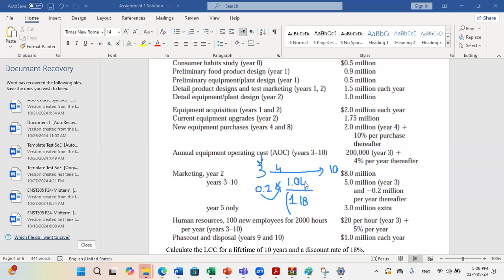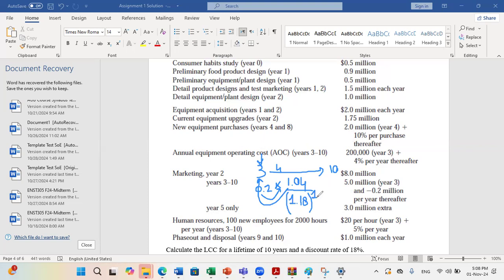So if I consider year 4, and I want to assess the cost back to year 3, I will just multiply by 1.04. And then if I want to take it back to 3, I will divide by 1.18 to the power 1.